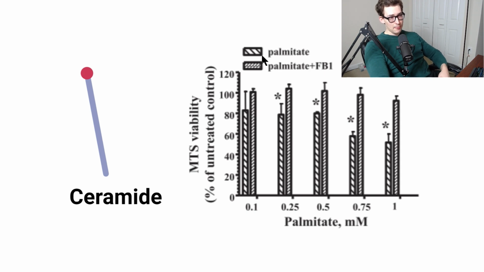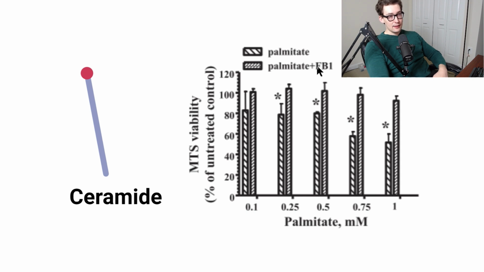So here we've got our palmitate. We're looking at the number of cells that survive. Same experiment that we saw earlier, but they're removing the oleate, they're removing the combination of the two, so just palmitate, and they still see, again, a decrease in the cell survival that they saw in the other data as well.